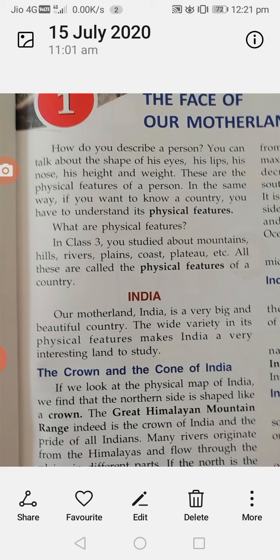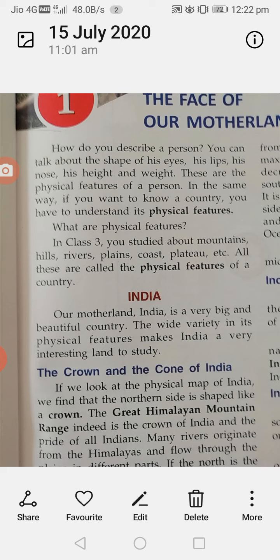If we look at the India map, the southern part is like a cone shape. If you have eaten cone ice cream, that shape is a cone shape. Same shape, India's southern part has a cone-like shape.